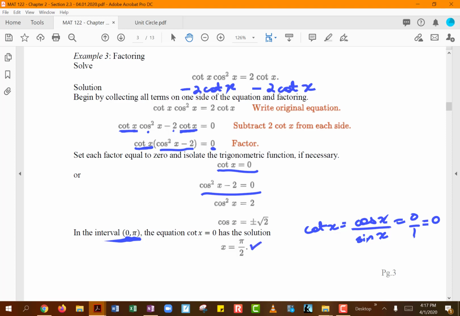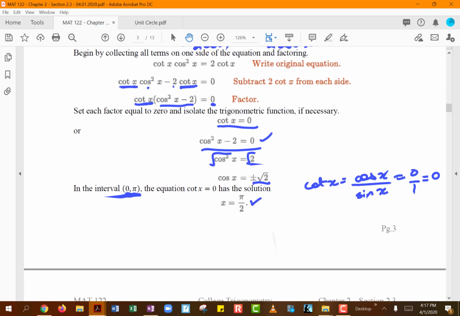Okay? And then let's look at the second factor, which was cosine squared of x minus 2. Start by moving that 2 to the other side. And then, of course, we end up taking a square root on both sides of our equation. So we get plus or minus square root of 2. Now think about the cosine function. Where can you find the x value such that your cosine of x will equal positive or negative square root of 2?